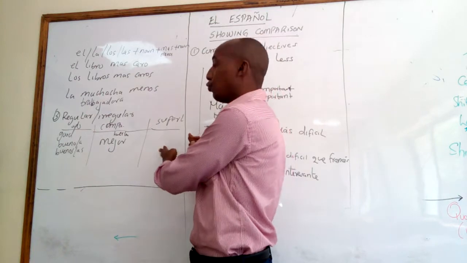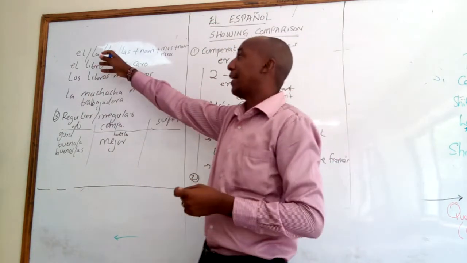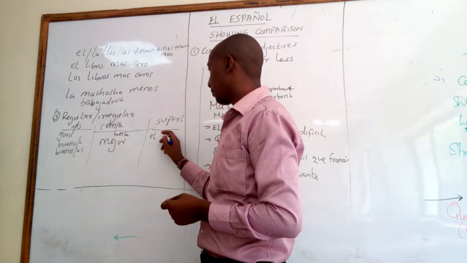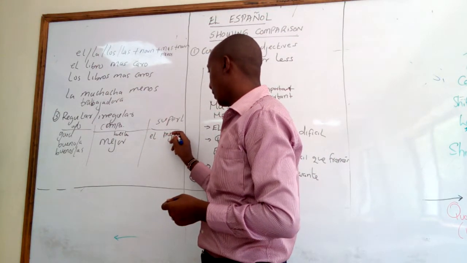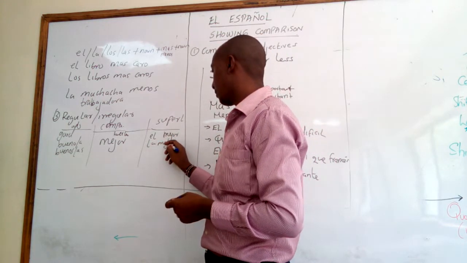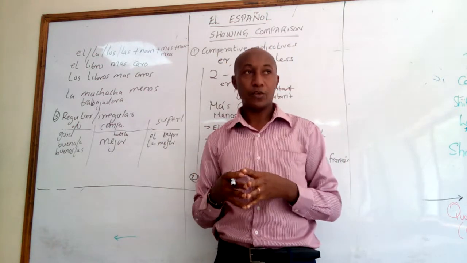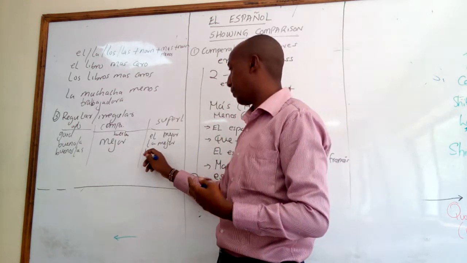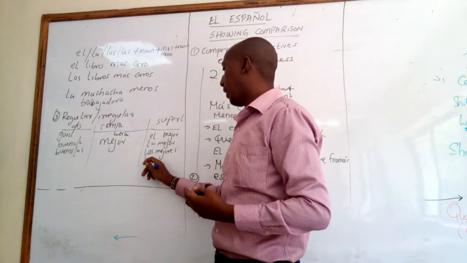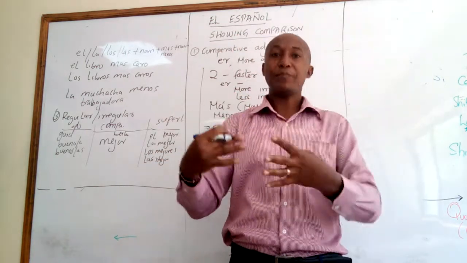Then on the side of the superlatives, now I have to show the definite articles. So I'm going to say el mejor, that is the best, la mejor for the feminine. When there are many, we do the same but form the plural. Los mejores, the best. And then las mejores becomes the best but for the feminine form.